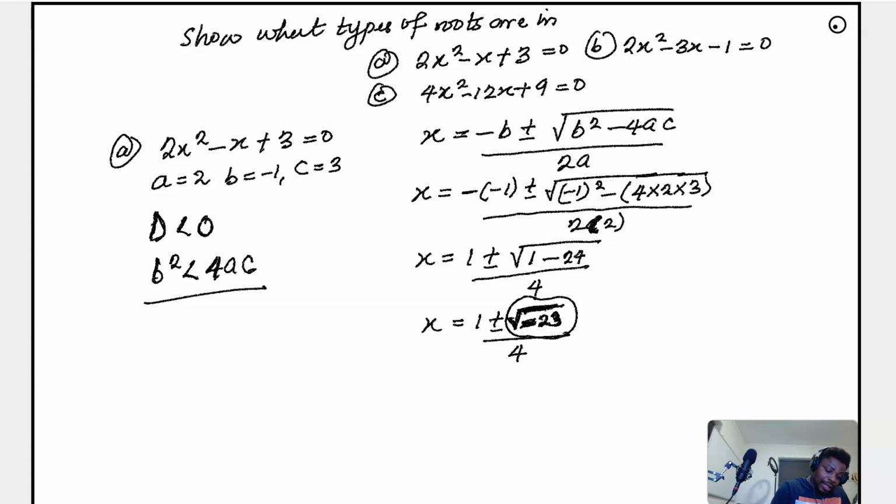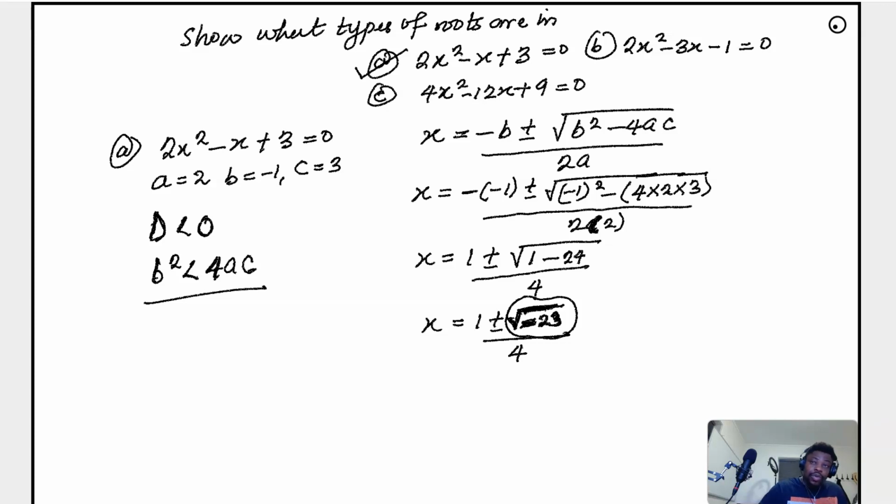So that is why we said this is not a real root and it is a complex root. Okay, so we know how to check now if a root is complex root for a particular quadratic equation.